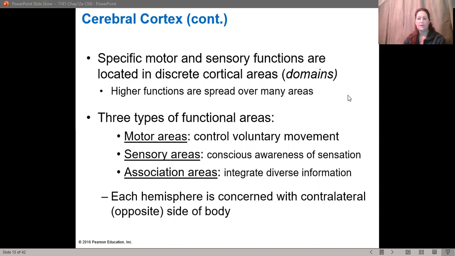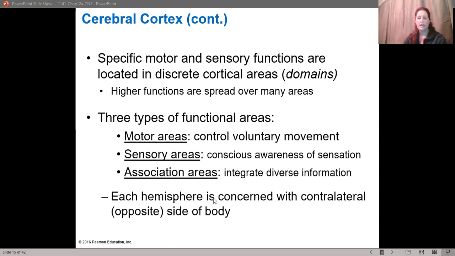Sensory areas are going to get input from the environment, input from your internal environment, proprioceptors, and bring that information to your brain. And then there are association areas that require either different lobes or different parts of a lobe, or they're just more complicated.